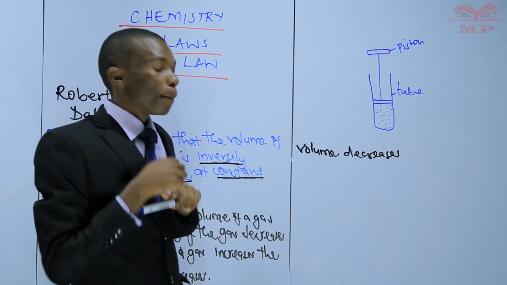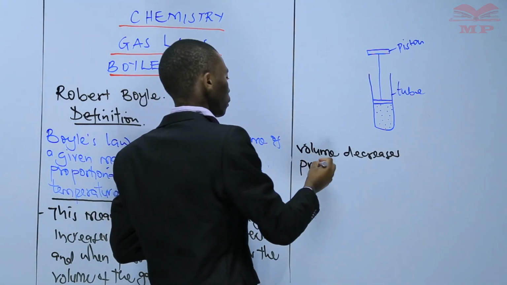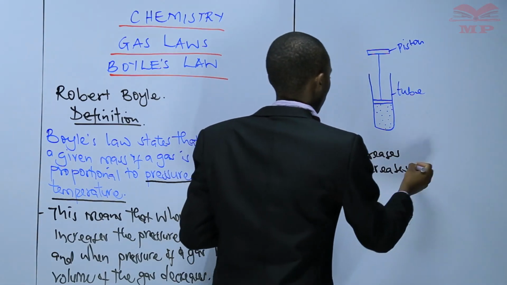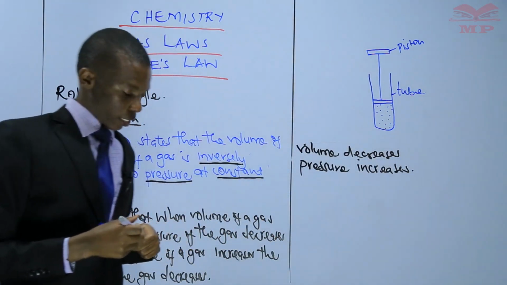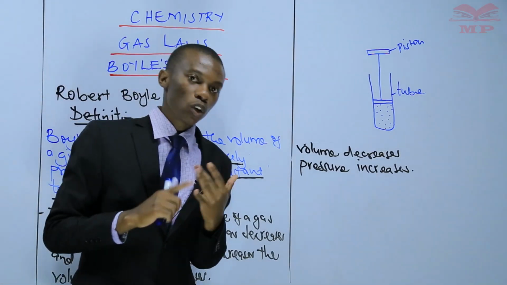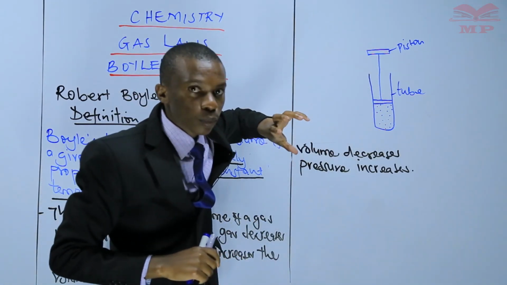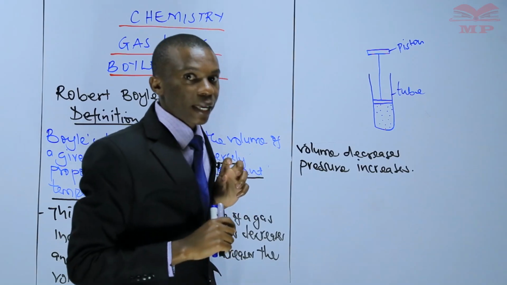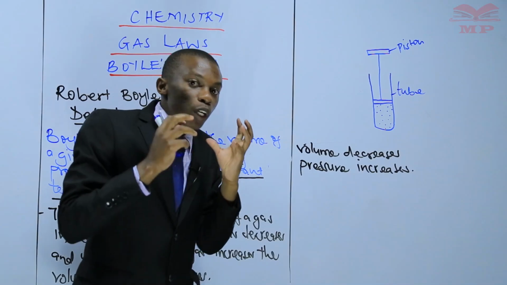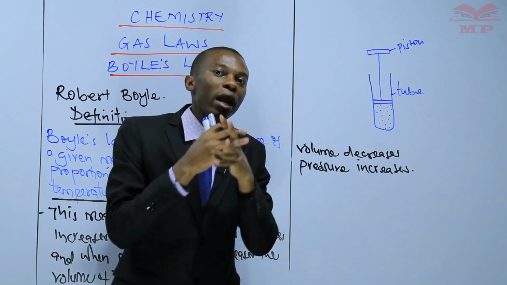And at the same time, pressure increases. I know you're wondering how pressure increases. I will explain it to you. The reason why pressure is increasing is because when you press this piston downwards, the volume decreases, and the particles are now closer to one another.